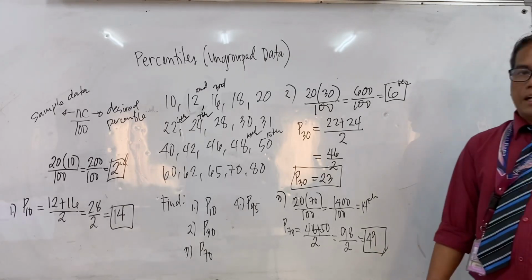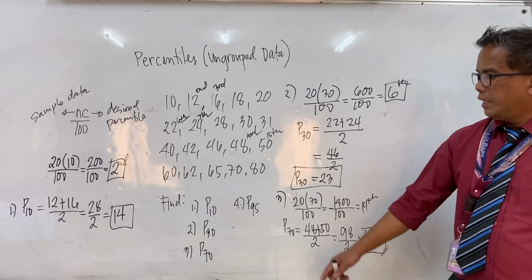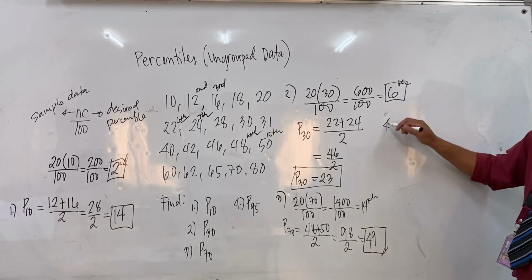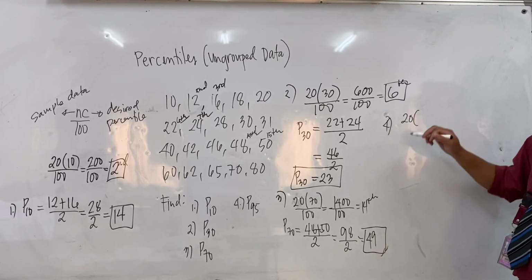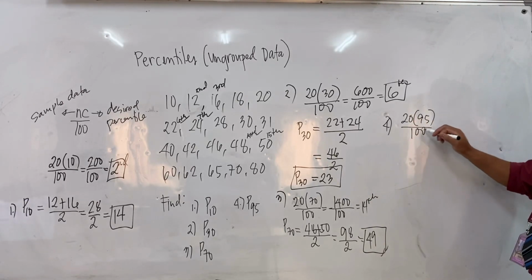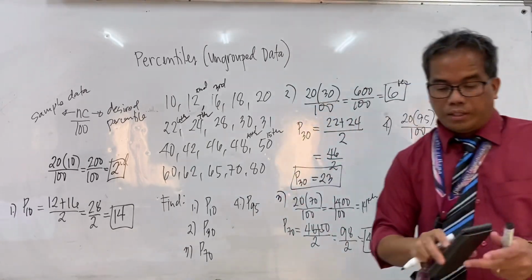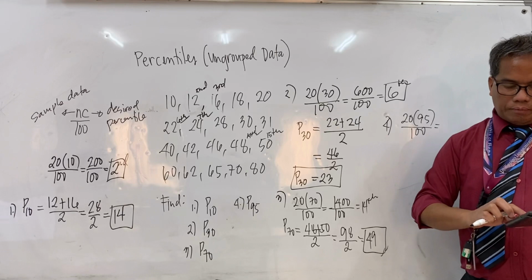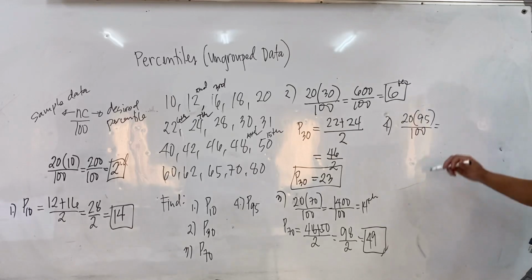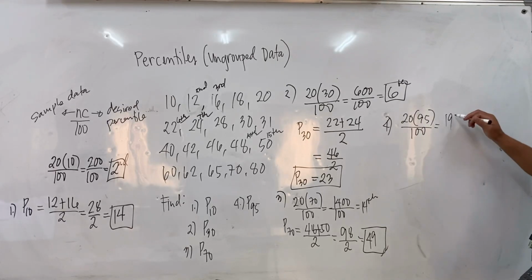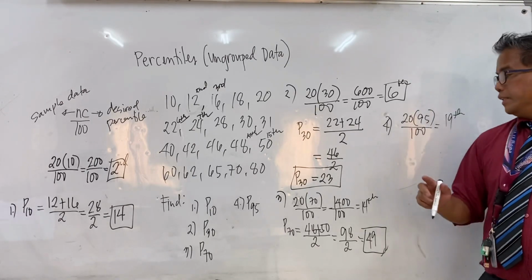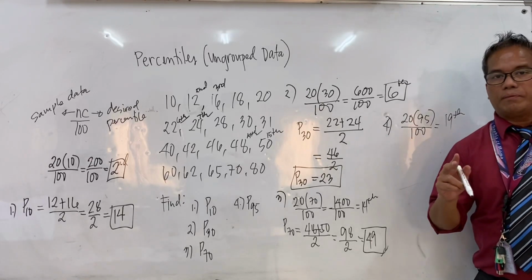Then how about the last, number 4? P of 95. First look for the location, 20 times 95 over 100. 20 times 95 equals 19. 19 is also an integer, so we will add 0.5, so it will become 19.5.